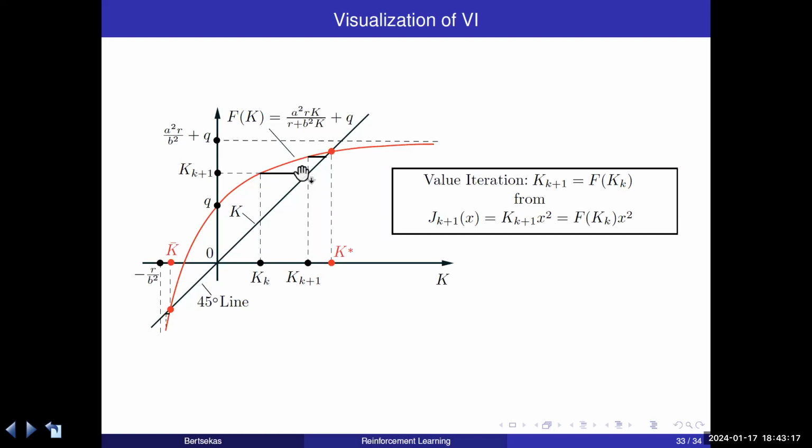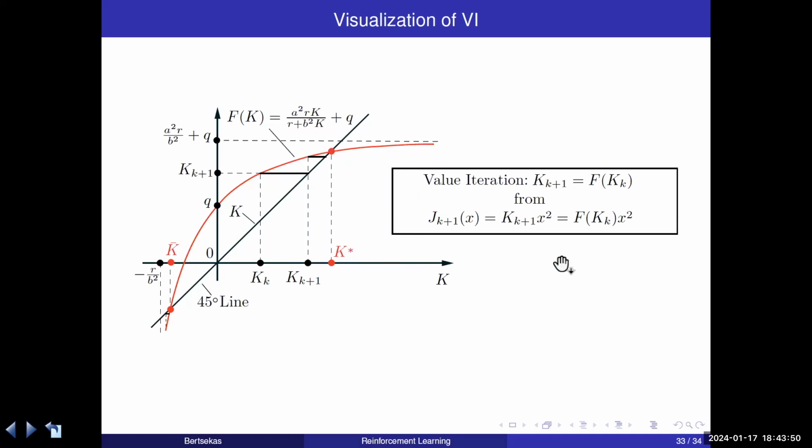And then k+2 is this level here. And it projected down on the horizontal axis is this. So value iteration can be visualized as a staircase iteration starting from some initial condition and generating an infinite number of iterates, which you can see from this figure, that converges to k star. No matter where you start here, the staircase iteration converges to k star.